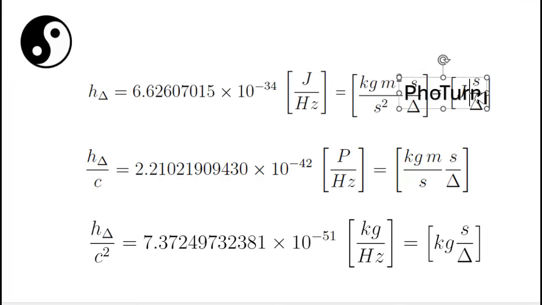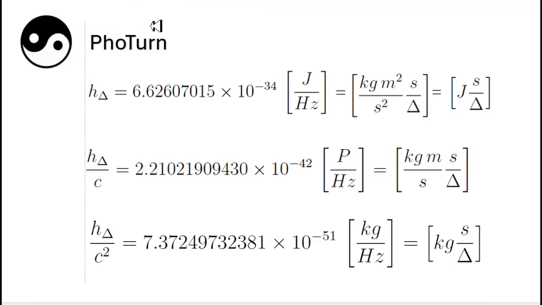Sorry about that. This is my photon model where each of these constants corresponds to the energy, momentum, and or mass of one turn. So these are all just different ways of looking at the same thing. Energy isn't one thing, and momentum another thing, and mass another thing.